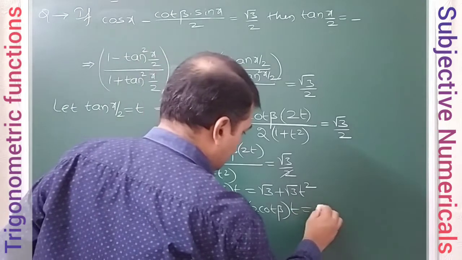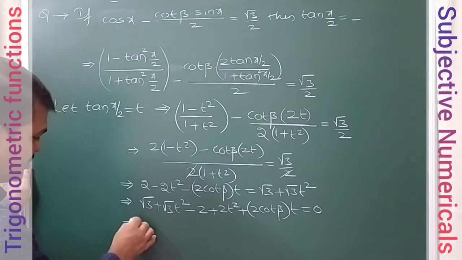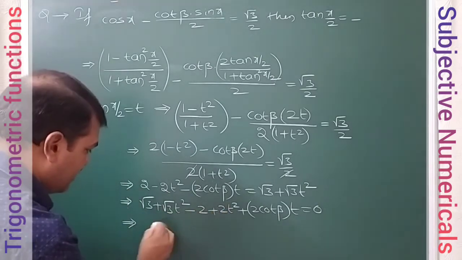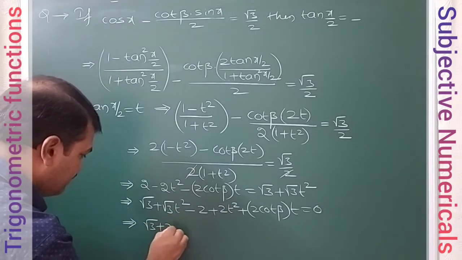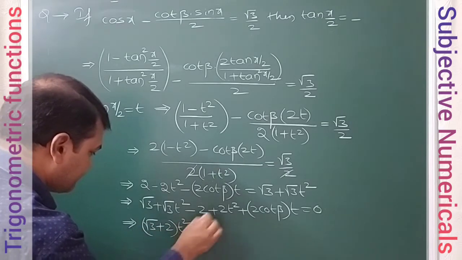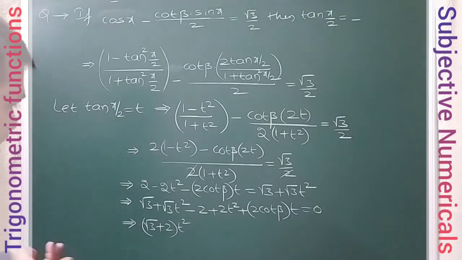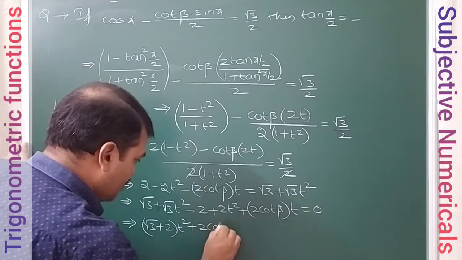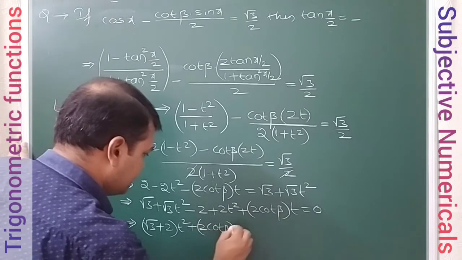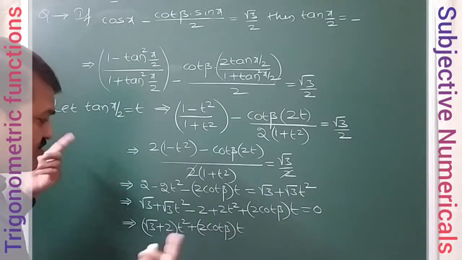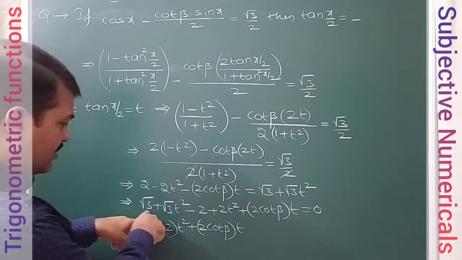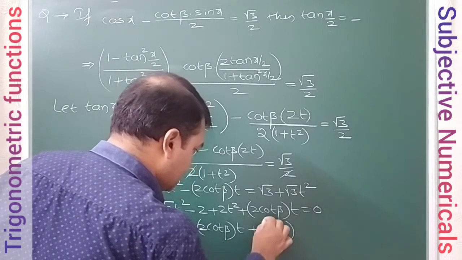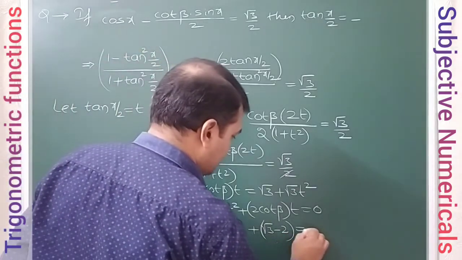First the t square terms: take t square common, root 3 plus 2 into t square. The t term is plus 2 cot beta into t, and the remaining terms without t are root 3 minus 2. So this is equal to 0.